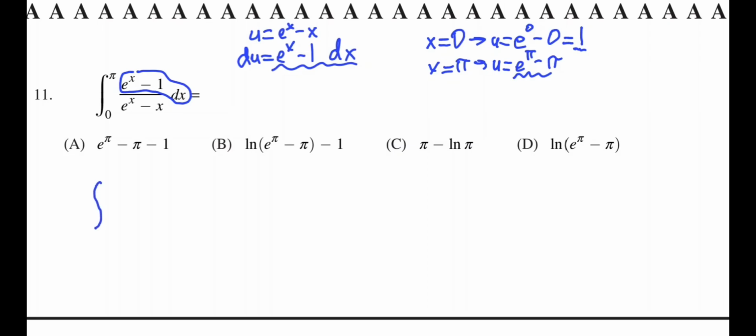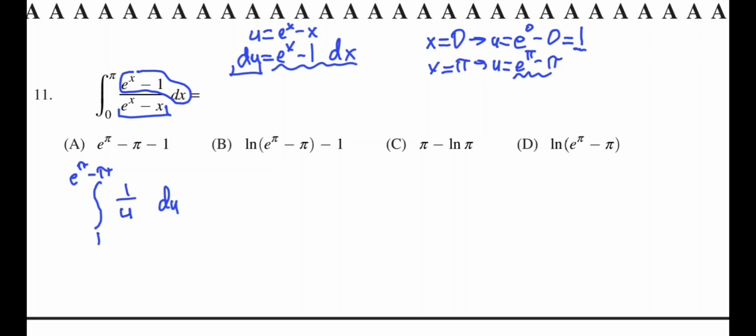The lower bound of 0 became a 1, and the upper bound of pi became e to the pi minus pi. And now the entire term of e to the x minus 1, we will plug in a du for that. And then for the denominator of e to the x minus x, we said that was our u. So we have 1 over u.